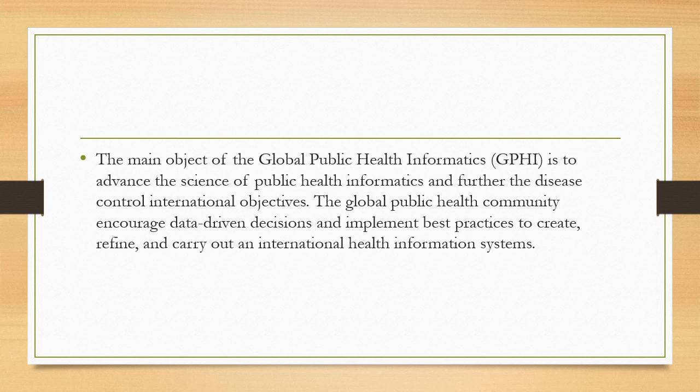The main objective of global public health informatics is to advance the science of public health informatics and further international disease control objectives. The global public health community encourages data-driven decisions and implements best practices to create, refine, and carry out international health information systems.